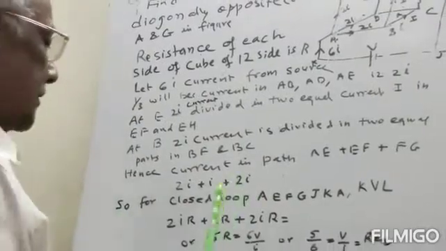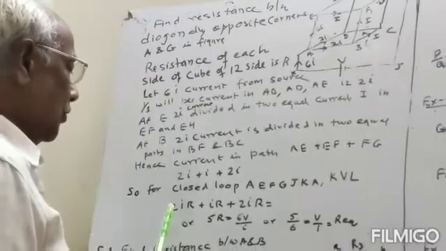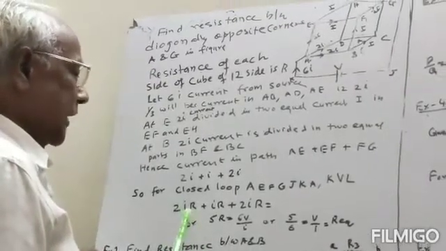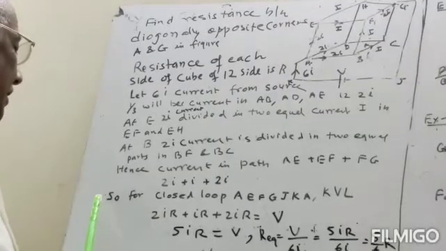So if we add it, it will be 2IR, 1IR and 2IR, that is 5IR.